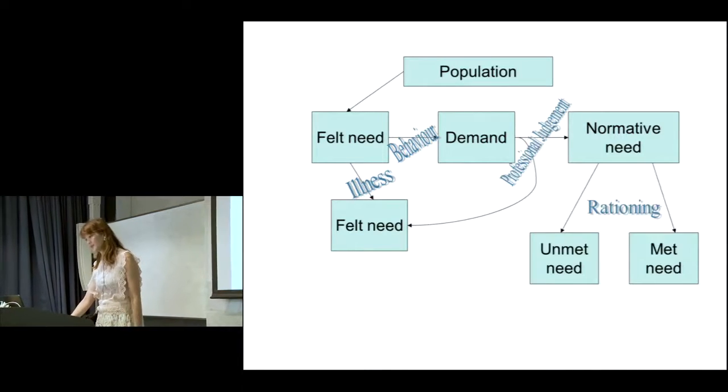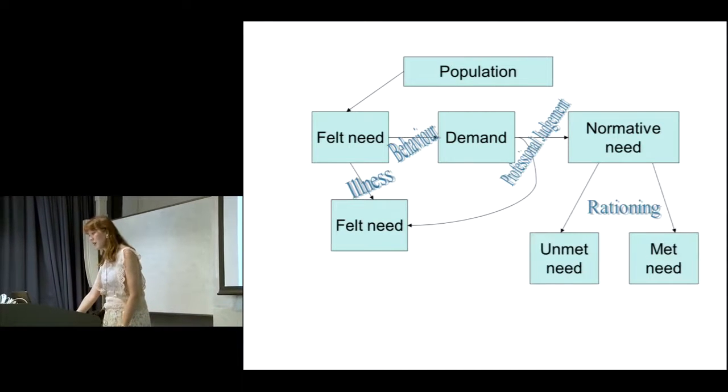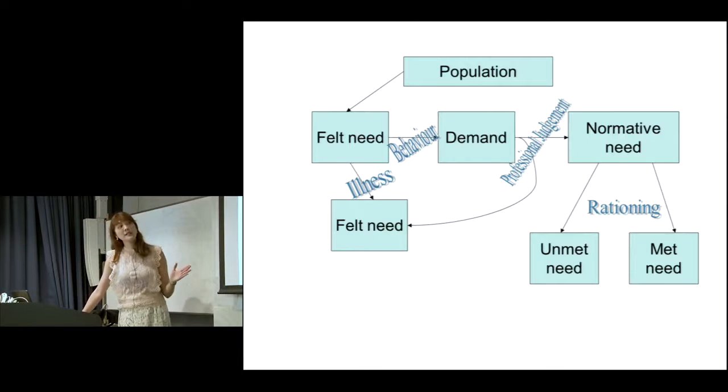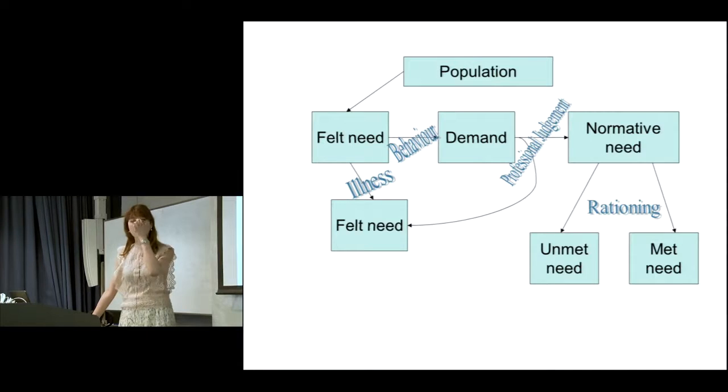That's also crucial. Then afterwards, we have a couple of things. If the clinician has decided you have a normative need, one of two things occurs. Your need is met immediately, where the doctor treats you or the pharmacist gives you a prescription, so you're in the most far right.